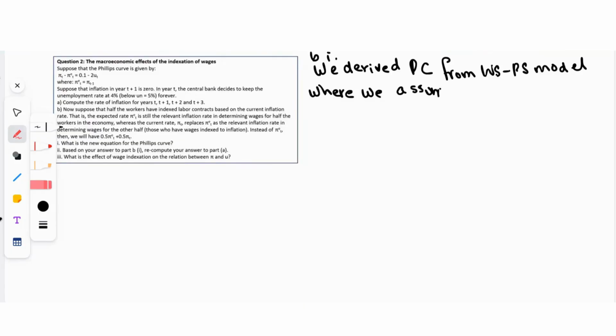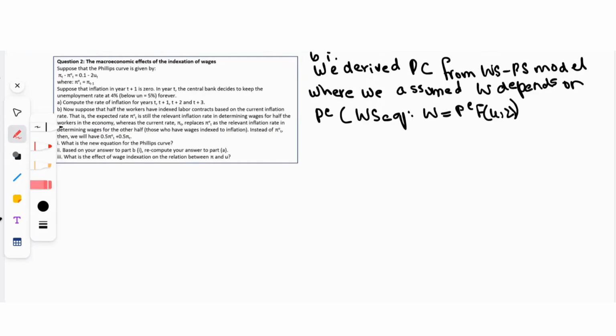We assumed W depends on PE in the WS equation, W is equal to P^e F(u, z). So when we derive the Phillips curve from the WS-PS model, this is the WS equation that we use.